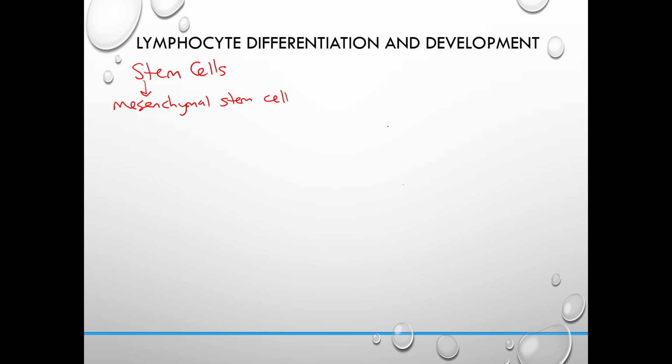They can become neurons and neuroglial cells. They can become fat cells or adipocytes. They can become osteocytes or bone cells. So progenitor cells can become osteocytes and osteoblasts and so forth.